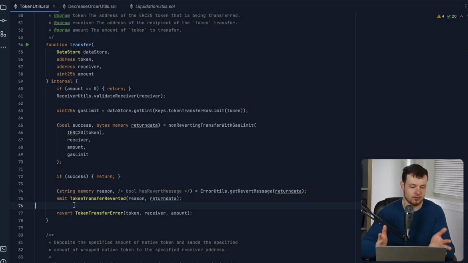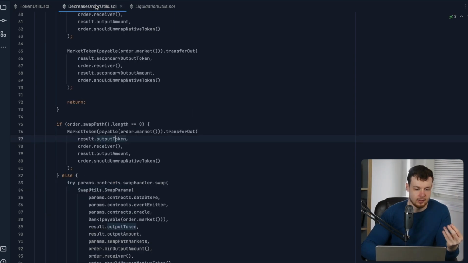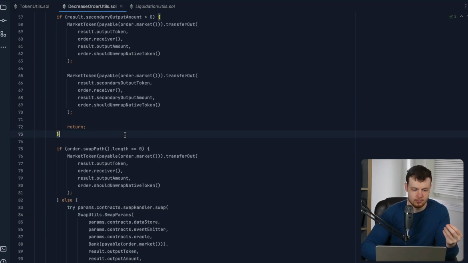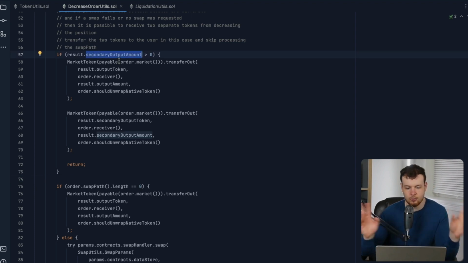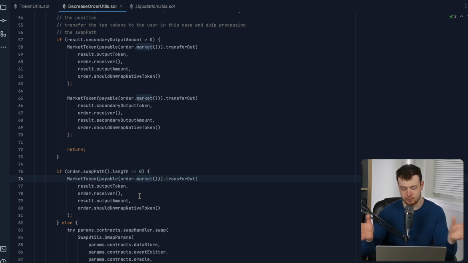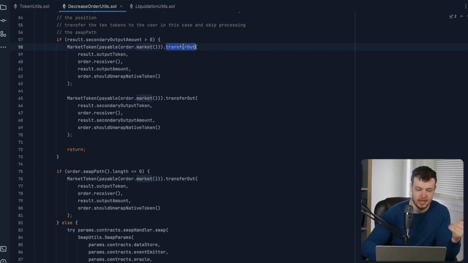So why is this important and what does it have to do with this transfer function reverting when somebody is blacklisted? What happens is in decrease order utils, you can see that either if there's two tokens that are possible outputs, or if there's only one token that's a possible output, we're going to end up transferring out to an order.receiver, and we're going to transfer out all of these tokens.